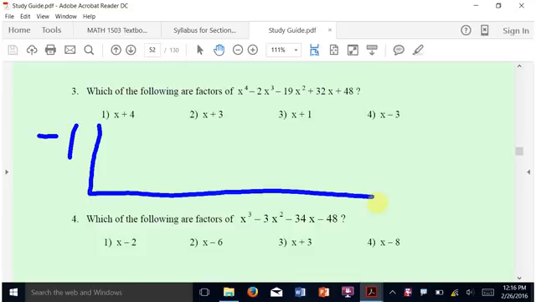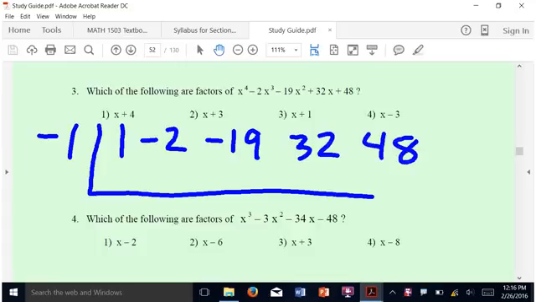I recommend using synthetic division, or if you'd like, you could use regular polynomial long division. Some students prefer synthetic division just because it's a more streamlined process. So you have 1 as your coefficients, negative 2, negative 19, 32, and 48. And negative 1 is a good number to start out with because it's easy to multiply by negative 1. So you have 1 dropping down, negative 1 times 1 is negative 1, negative 3.